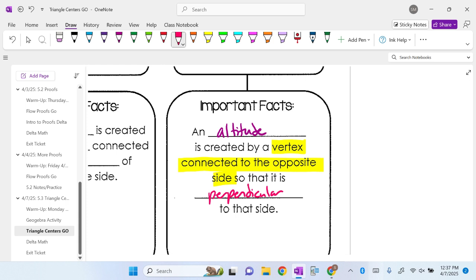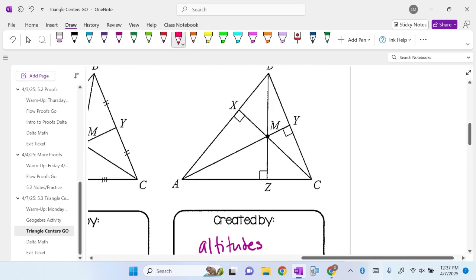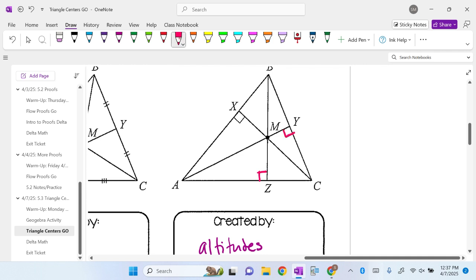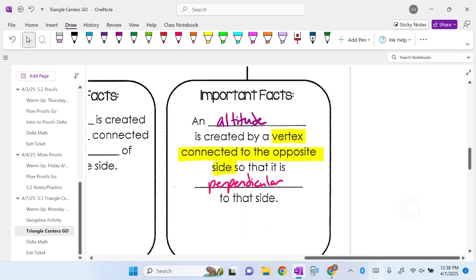So, in other words, this line would form a right angle from where it starts at its vertex to when it hits its opposite side. It will intersect that side at a right angle. That's what an altitude is.